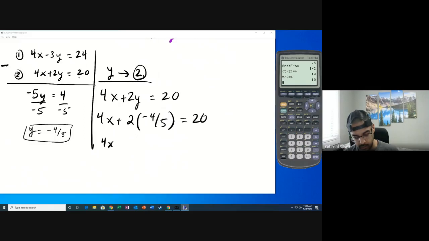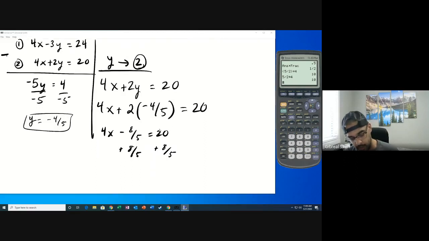So 4x, now negative 4 times 2 is negative 8. Negative 8 divided by 5 is equal to 20. So I need to add that fraction to both sides. So that means 4x equals.